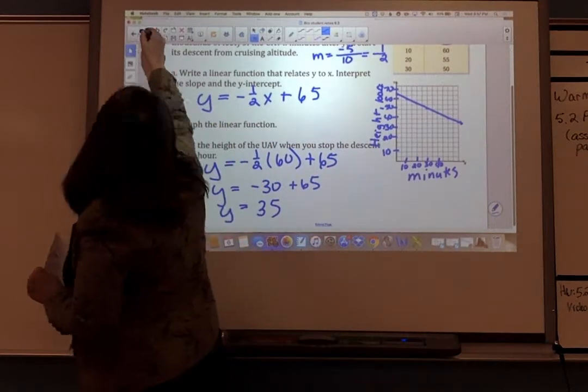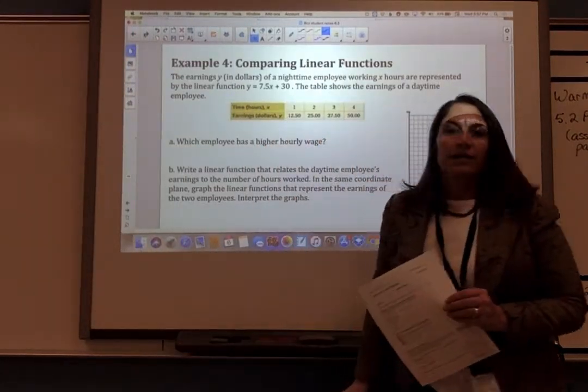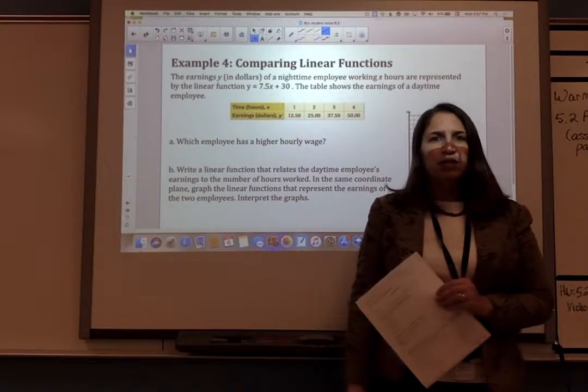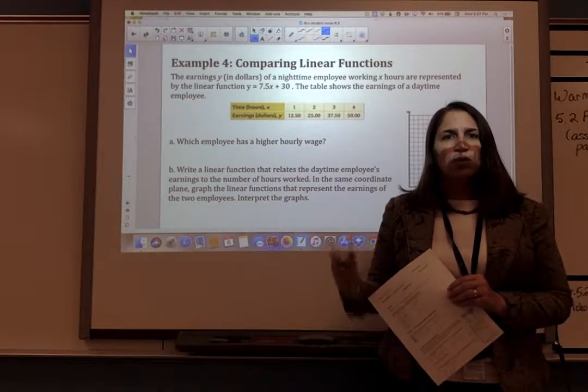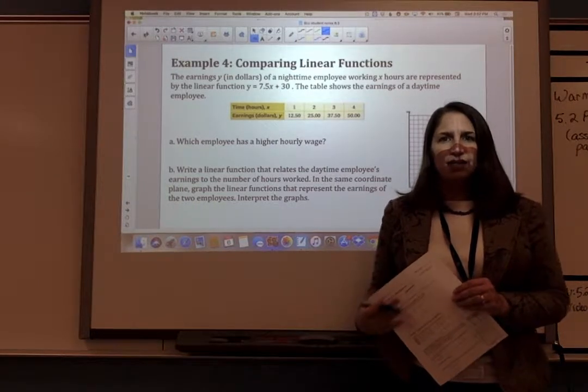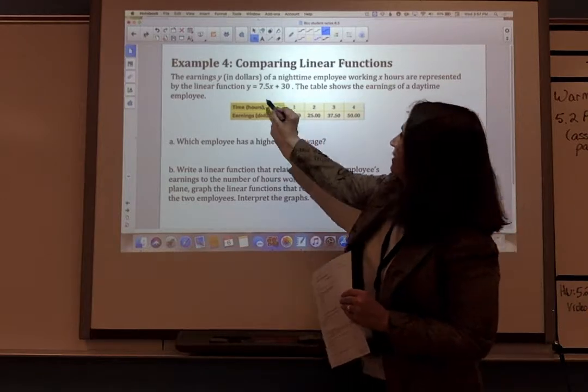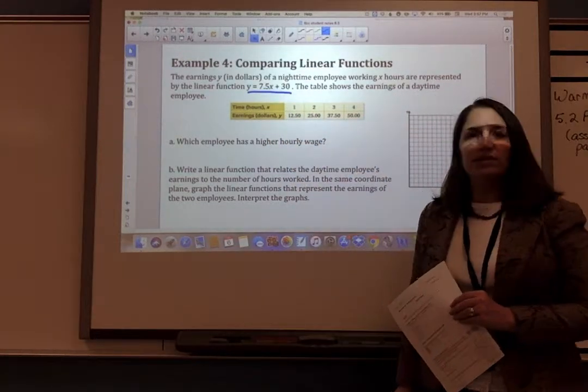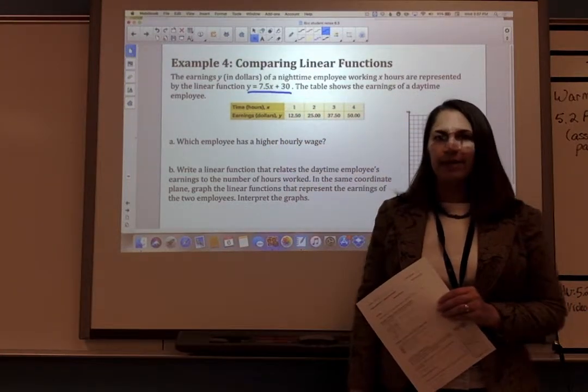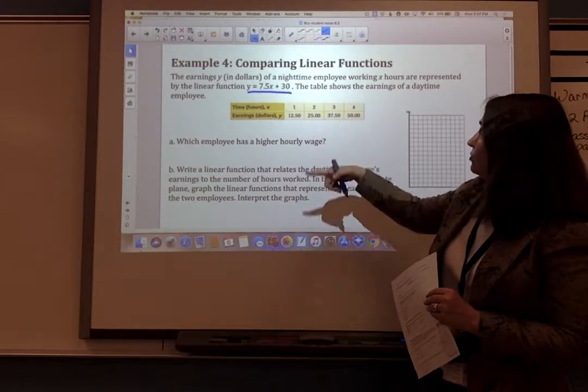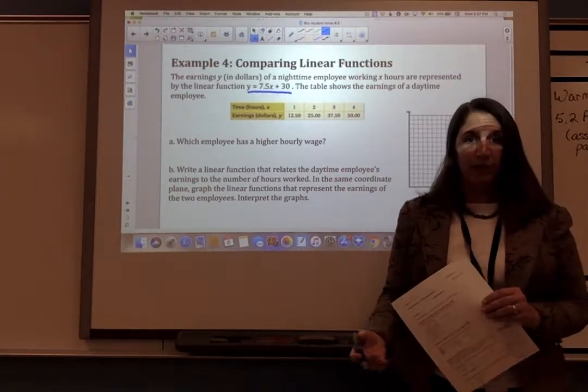All right, one more example. Here we're going to compare some linear functions. The earnings in dollars of a nighttime employee are represented by this linear function, y equals 7.5x plus 30. And then the table shows the earnings of a daytime employee.